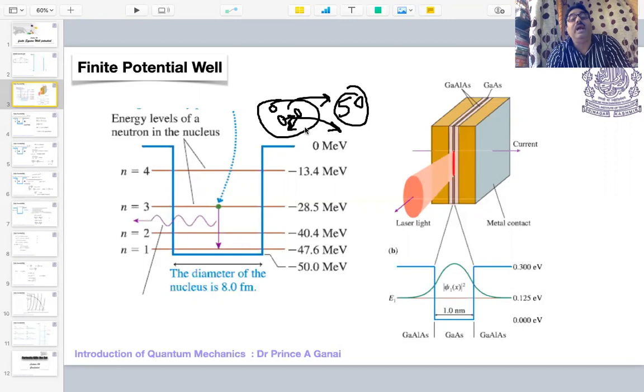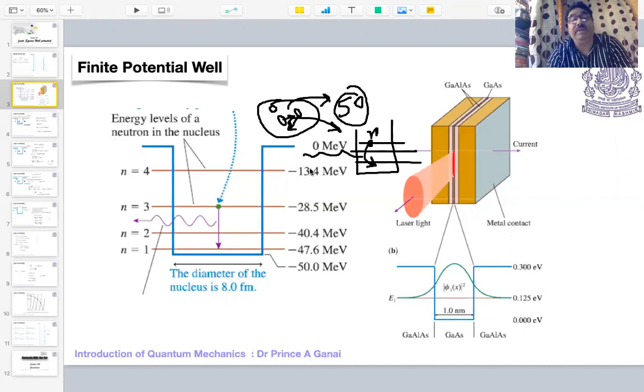What we now do is model the nucleus with the help of some potentials. We assume that the nucleons on average experience some sort of average potential. If we take a neutron and assume that it is bound by a finite potential well, whose width and depth are dictated by the experimental results, then we are able to address the energy levels that the neutron can occupy inside the nucleus, and the transition of the nucleon, neutron or proton, from one level to another would give rise to the emission of gamma rays.